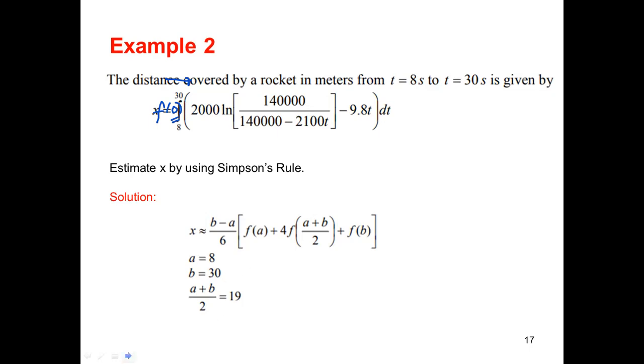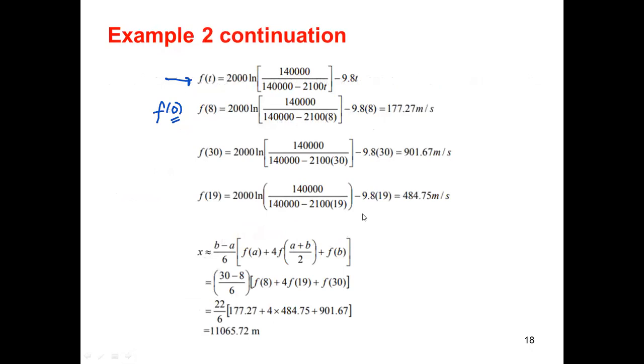So the f of 30 is actually the end, the upper limit. Note that this is your a and this is your b, and somewhere in between, the middle, the f of 19. Where is the f of 19 coming from? It's the a plus b divided by 2.